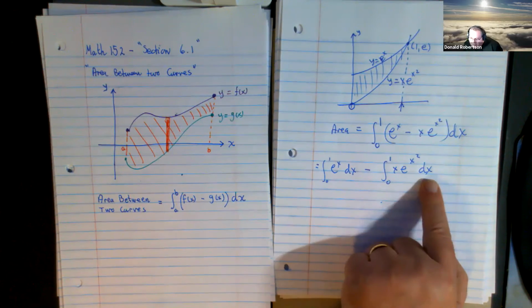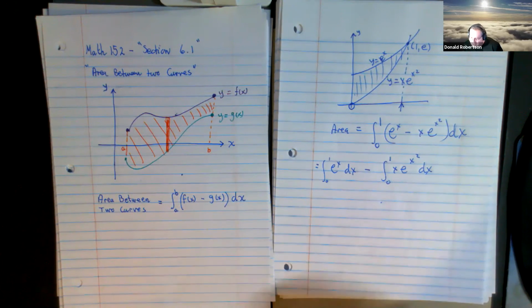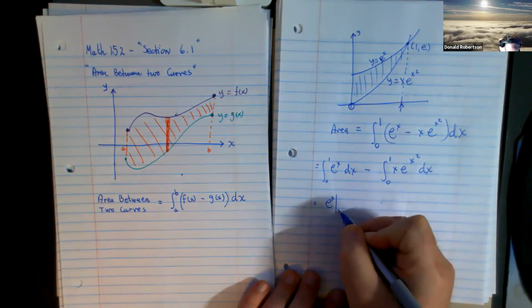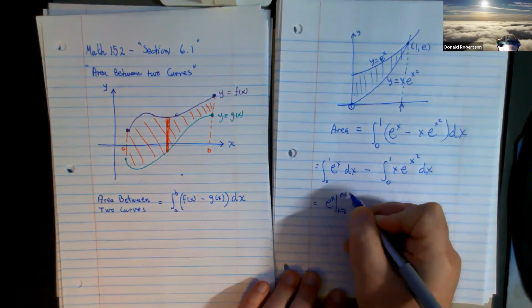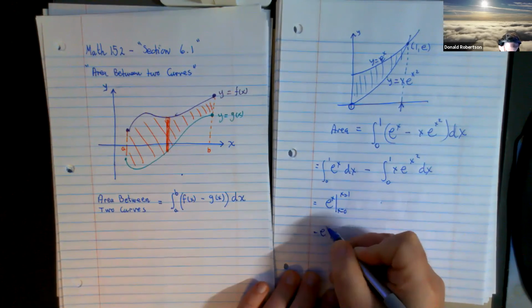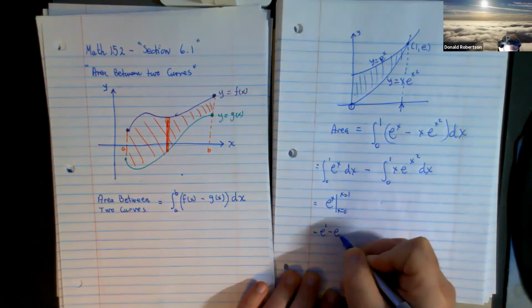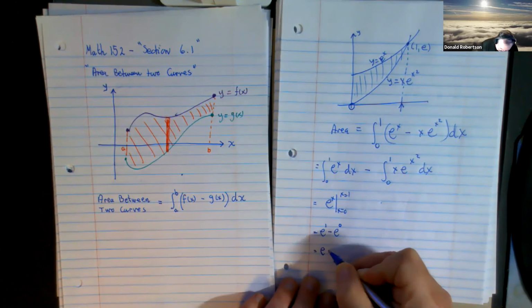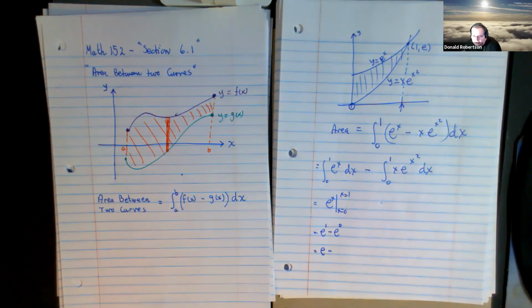Because isn't this going to have to use a technique that we used last week? Right. Let's get this guy out of the way. e to the x evaluated at 0 and 1. That gives me e to the 1, take away e to the 0. e to the 1 is e. And what number, and it's a number, is e to the 0?